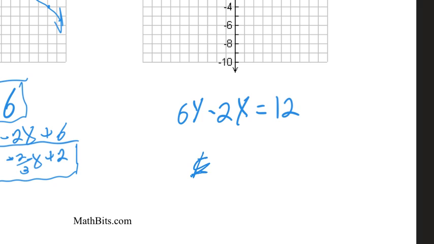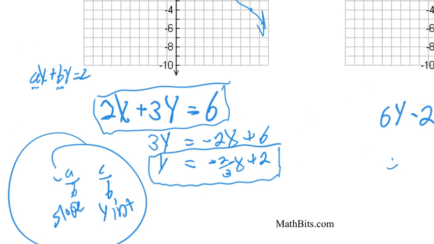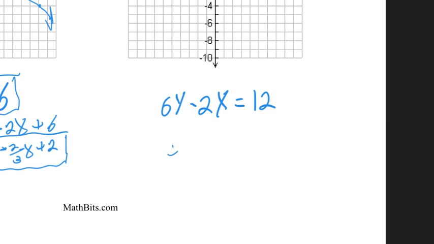Sorry, is it in the standard form? No, it's not. Standard form has the x first, right? So the standard form here is negative 2x plus 6y equals 12. That is the standard form.